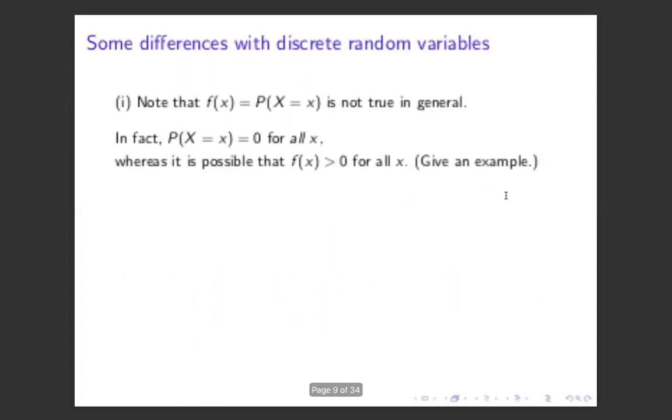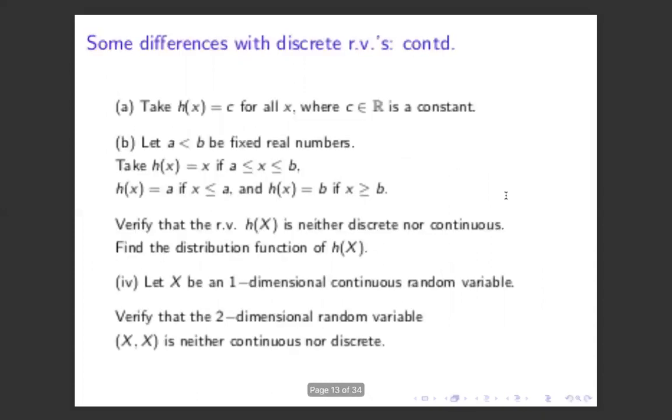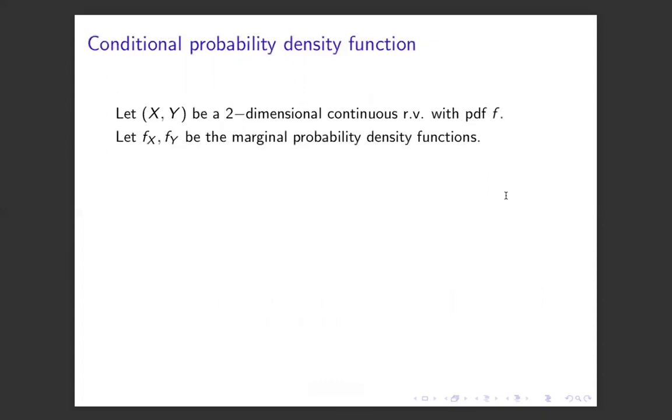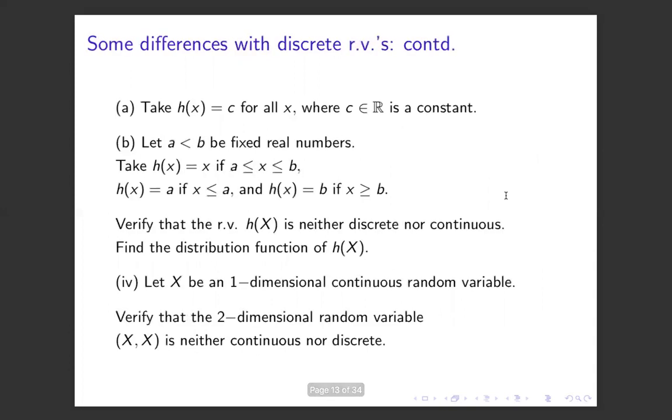With that intuition, if you want to see the probability that (X, X) takes value in a rectangle, you can easily see that that is going to be 0.